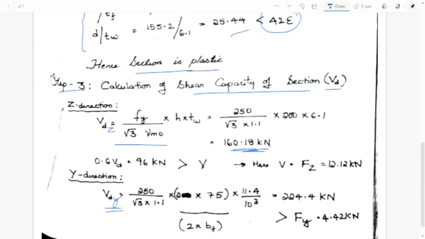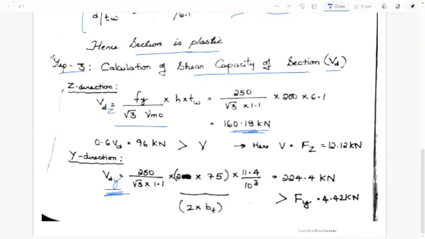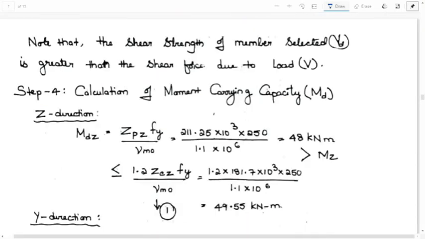So now in the y direction, this. Okay, so now the shear strength of the member selected, the value of VD, should be greater than the shear force due to load.